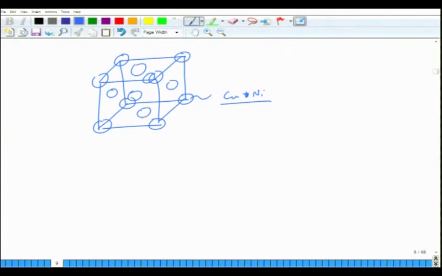I mean, realistically it will be either copper or nickel, but probability wise it is 50% copper, 50% nickel. If it is 25% copper, 75% nickel, it will be 25% copper, 75% nickel. So, this is a disordered solid solution which remains FCC even at room temperature, no matter what the fraction of the two elements is.